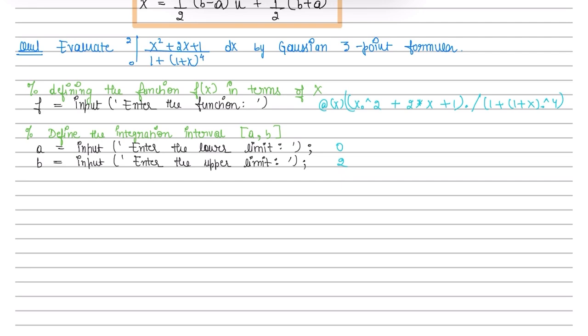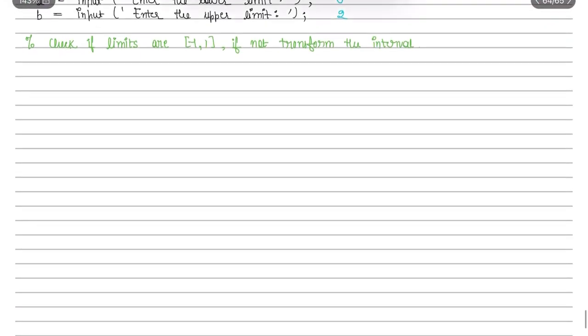After that, we will check if the limits are minus 1 to 1, and if not, then we use the transformation. For that, we will use if condition. The value of a is not equals to minus 1 and the value of b is not equals to 1.